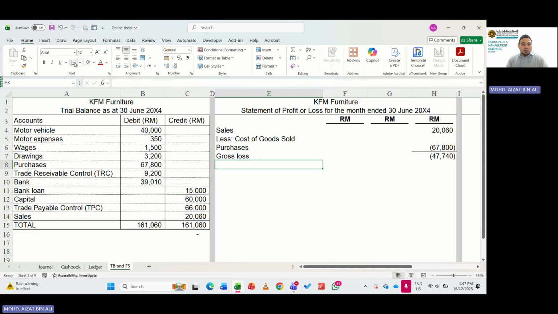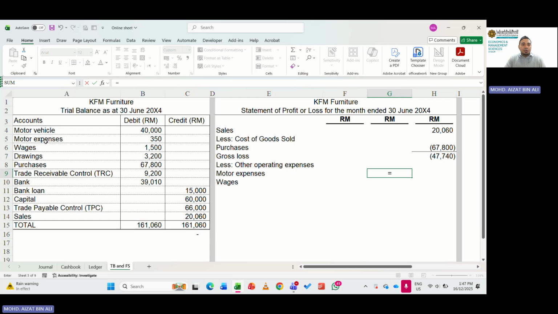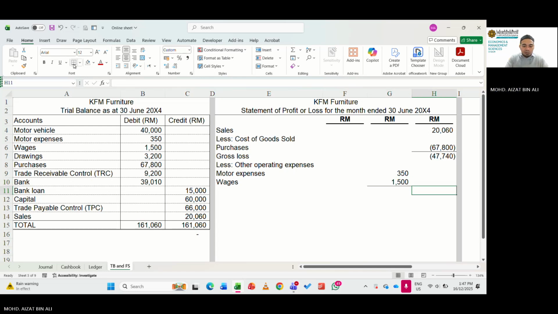Okay, next. We don't have any other revenue, but we do have operating expenses. Other operating expenses, okay, which is going to make things worse. Okay, we have firstly our motor expenses and then our wages, right? Okay, and we also have to record it here and here, and then oh my God, the loss gets bigger now.